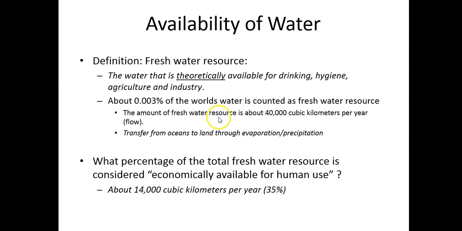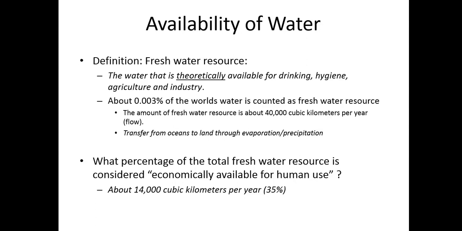And why is 2/3 of it not economically available for human use? Well, because we don't have an effective way to capture it, right? It either flows right back into the ocean, or it evaporates, or it goes into some place where there is a stock of water that is polluted beyond recovery, right?